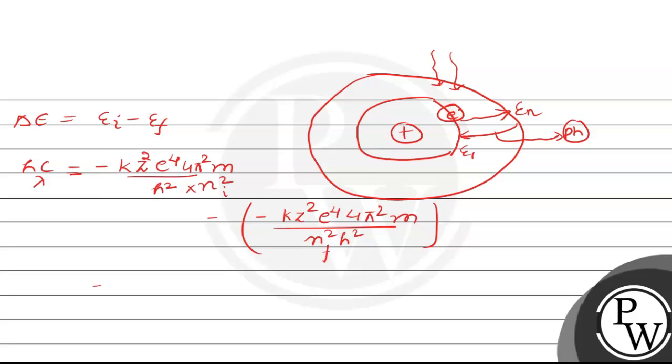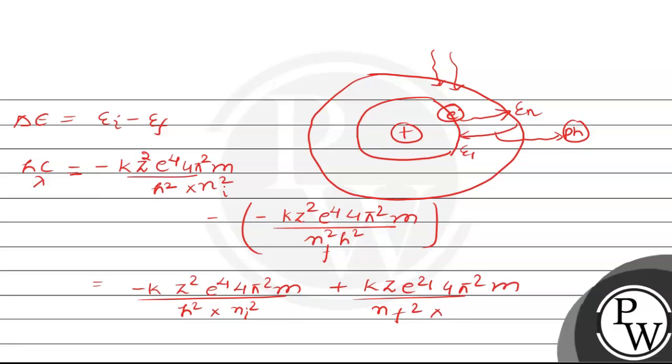So this will be k z square e raised to the power 4 pi square m upon h square into 1 upon n initial square, plus k z square e raised to the power 4 pi square m upon n final square into h square.